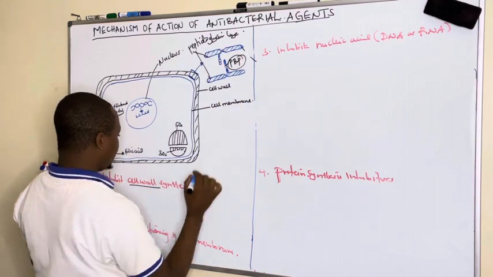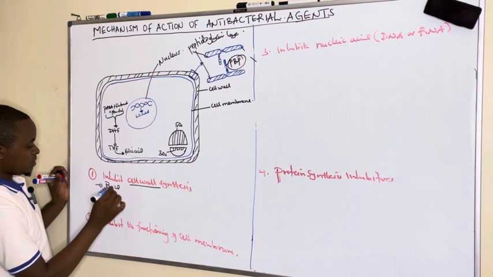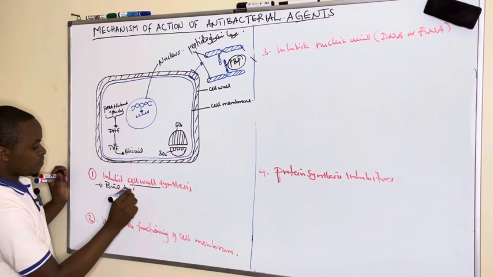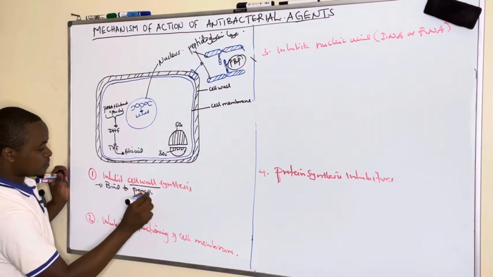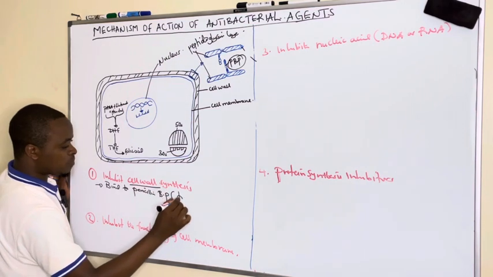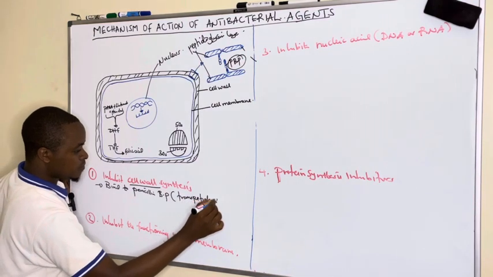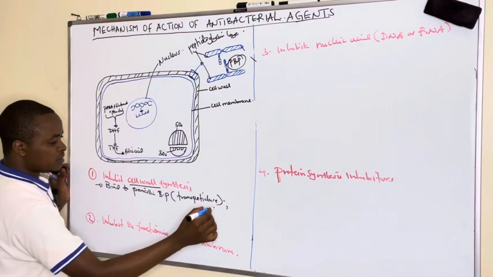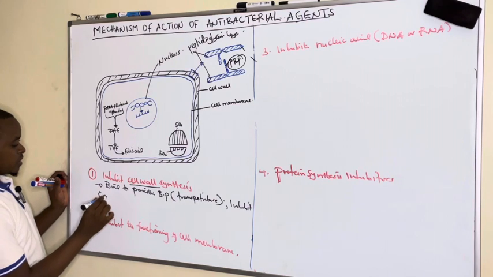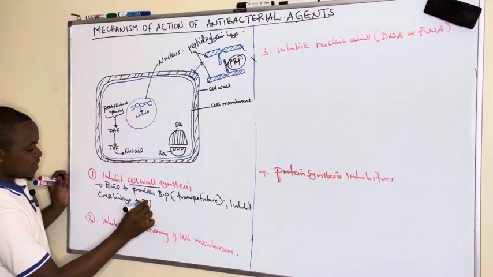So the inhibitors of cell wall synthesis target the penicillin binding protein. They bind to penicillin binding proteins, which you can call transpeptidase, and after binding to it, they inhibit cross-linkage of peptidoglycan layers.